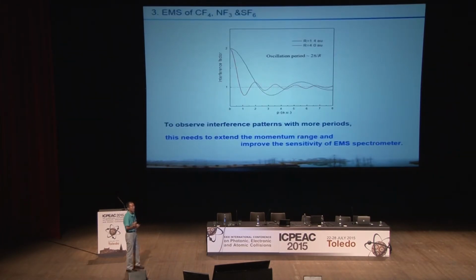In order to observe the interference patterns with more periods, we need to extend the momentum region. On the other hand, it also needs to improve the sensitivity of the EMS spectrometer because the cross-section is very low in the large momentum ranges.